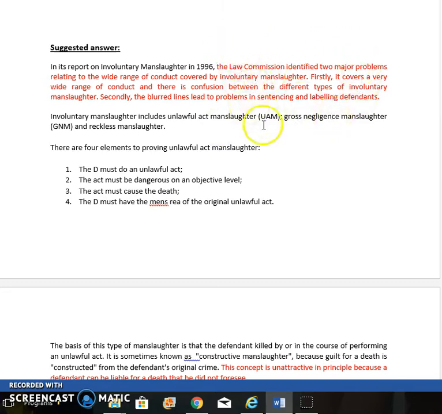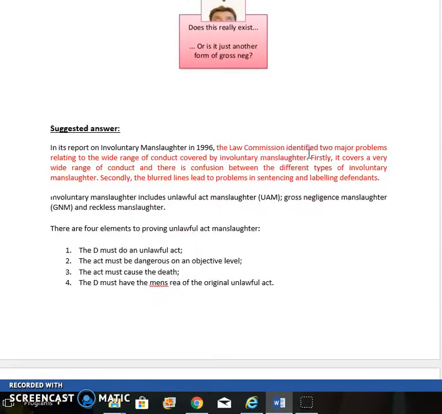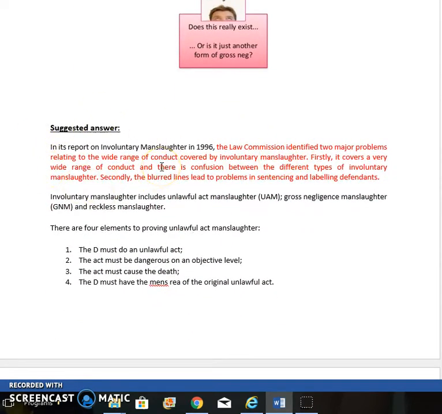Now my introduction is how I suggest that you answer a question evaluating involuntary manslaughter. So I've started off by saying, in its report in 1996, the Law Commission identified two major problems with involuntary manslaughter. Firstly, it covers a very wide range of conduct, and there's a lot of confusion between the different types of involuntary manslaughter.